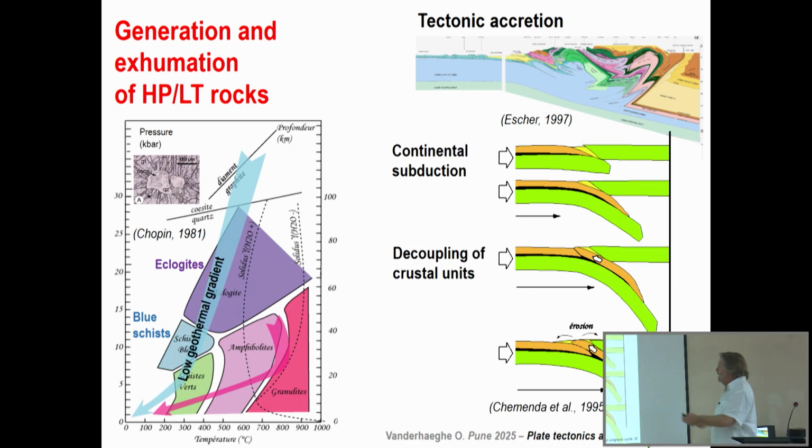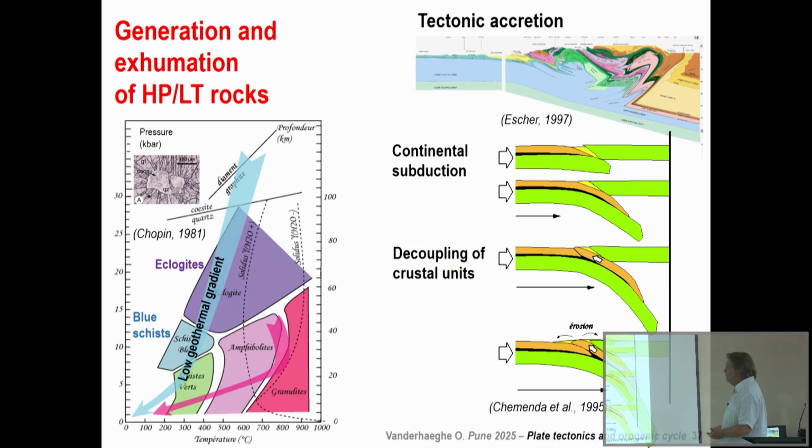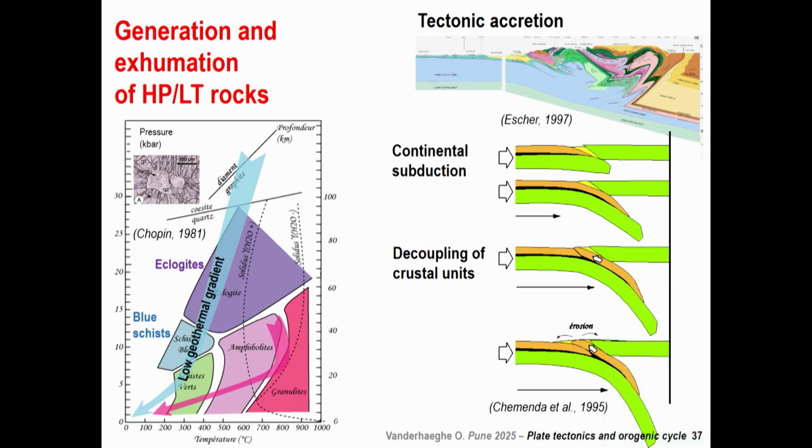So there was another type of models that accounted for that, which is this continental subduction, meaning that both the lithospheric mantle and the continental crust, here represented in brown, was entrained in subduction. And that was reproduced, with also silicon and sand in a big tank of honey, in analog models.